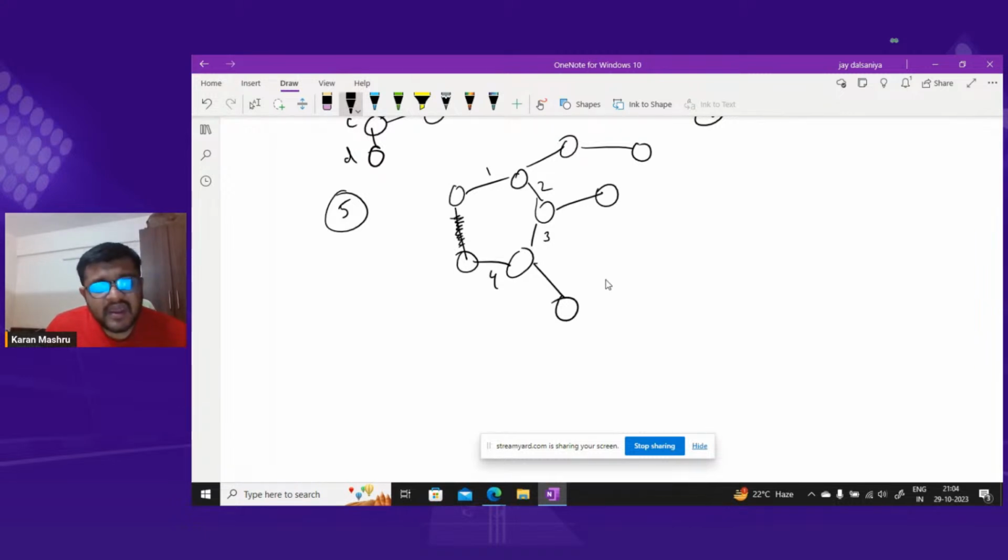Now what I can do is, I can select one of the two nodes between which I have removed the edge, and I can connect it to a node which is not a part of the cycle. So if I connect this with this, now have I formed a cycle? So this is my first, second, third, fourth edge.